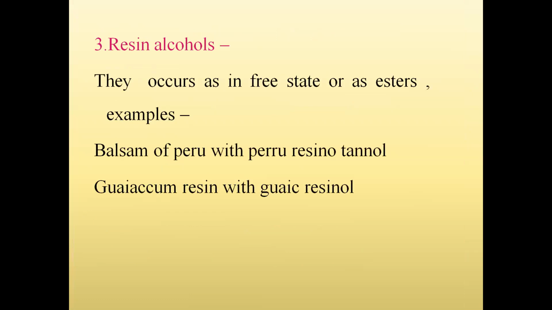Next is resin alcohols. They occur in free state or as esters. Free state means there is no attachment in their groups. Examples: balsam of Peru with peruresinotannol, then guaiacum resin with guaiaresinol.